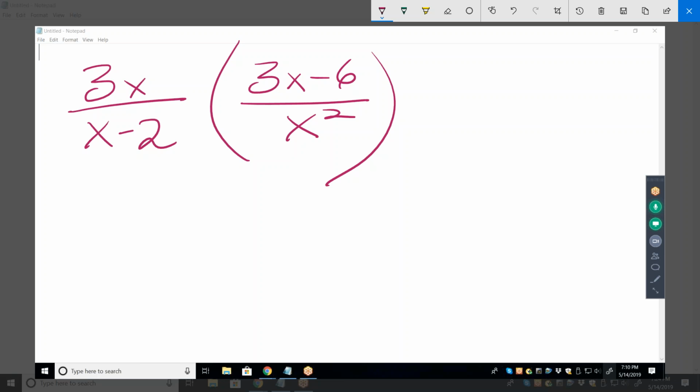Would you cancel out the 3x? No, can't do it. This 3x has a -6 with it. However, I can cancel out that x with that.